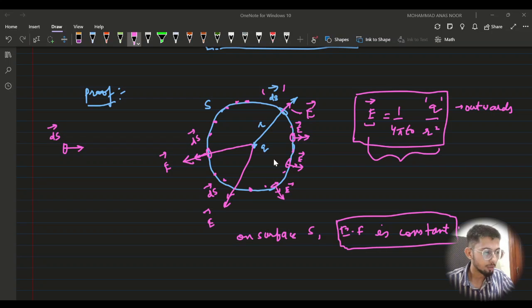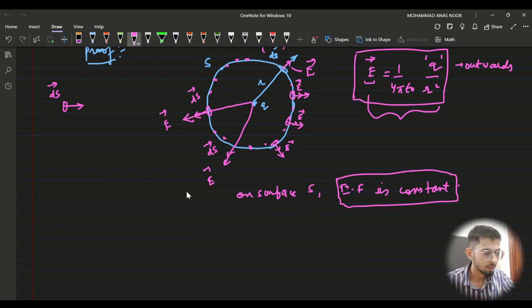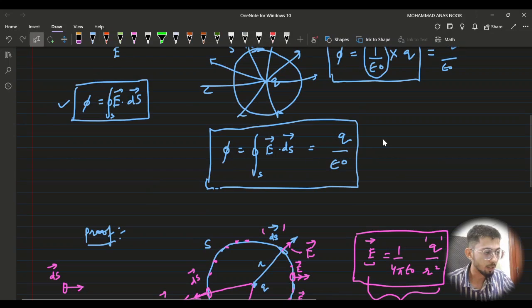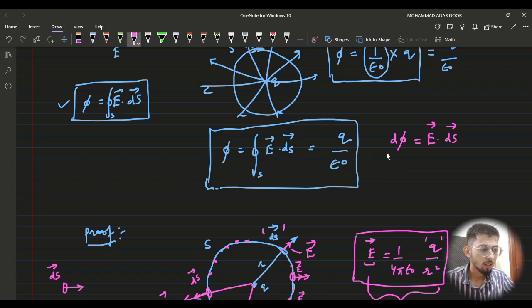Now we will use this theorem, the flux formula. So what is small d phi? It is E dot ds. I'm talking about the small one, not the full phi.